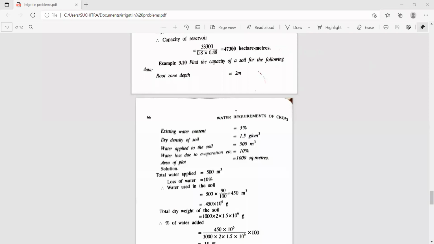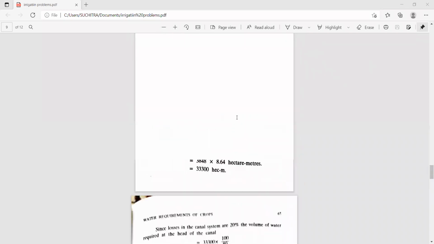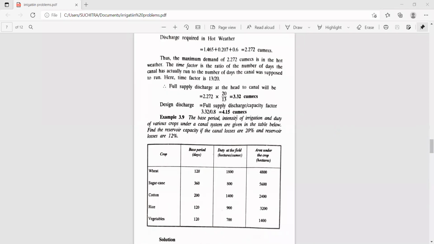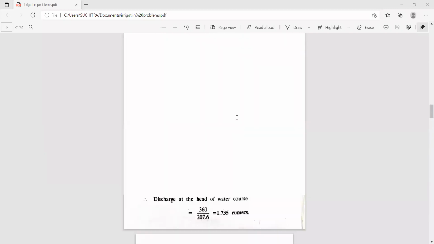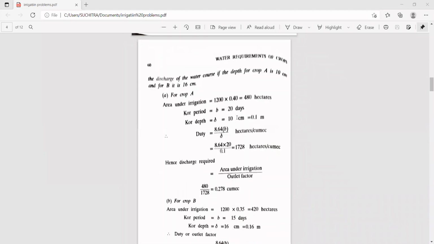Anyway, I will share these notes to your WhatsApp group, so you can go through these problems. You may require another 5 to 6 hours to complete the last module. Before the second test, I will be giving one more assignment.